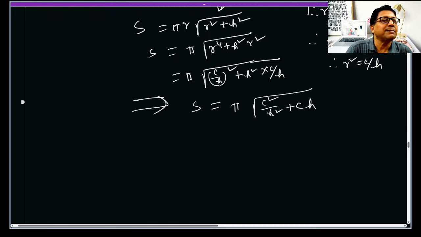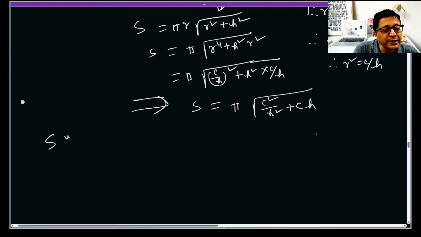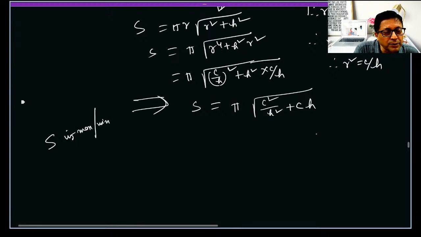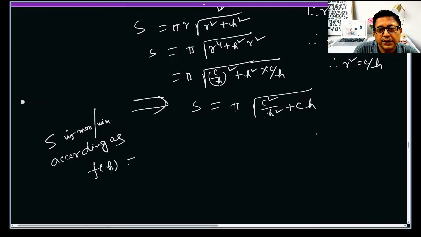Because S is maximum or minimum according as f of H, equal to C square by H square plus CH, is maximum or minimum.